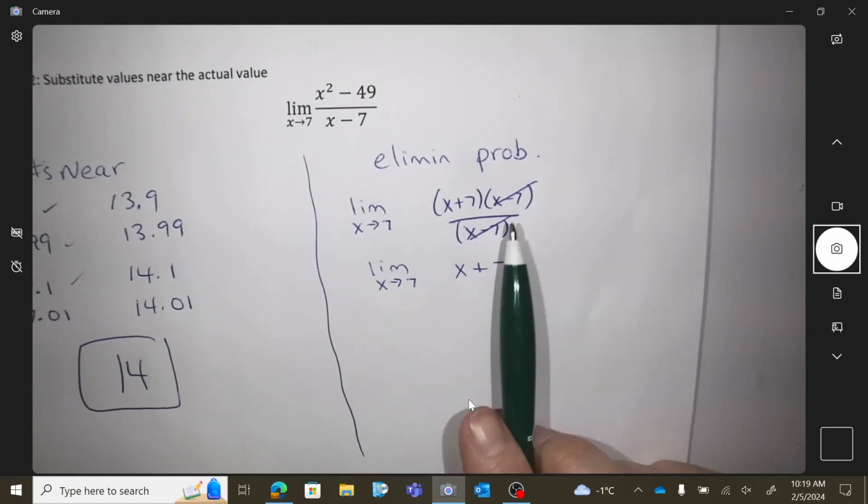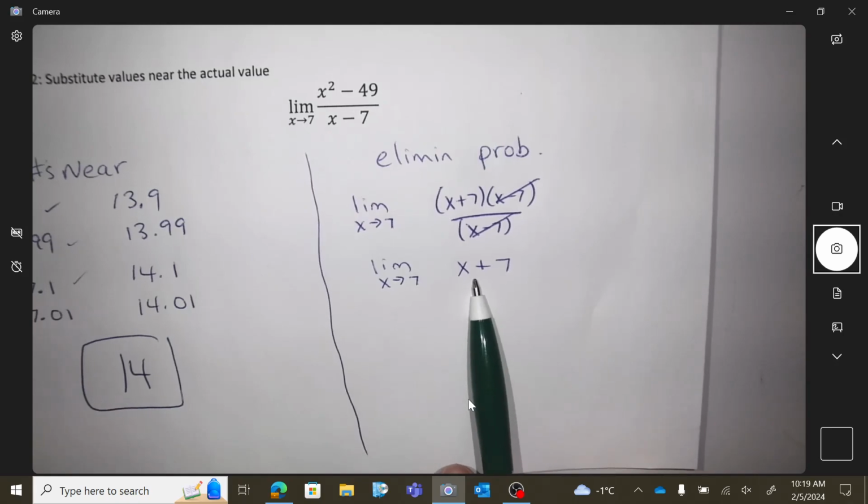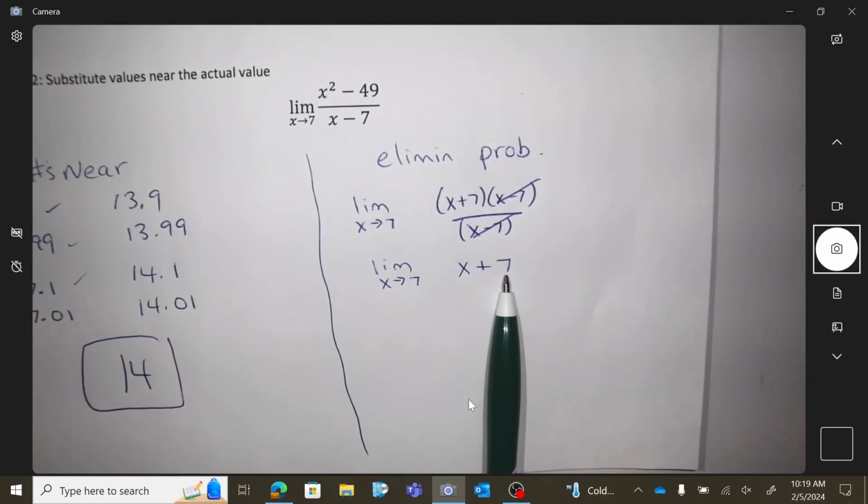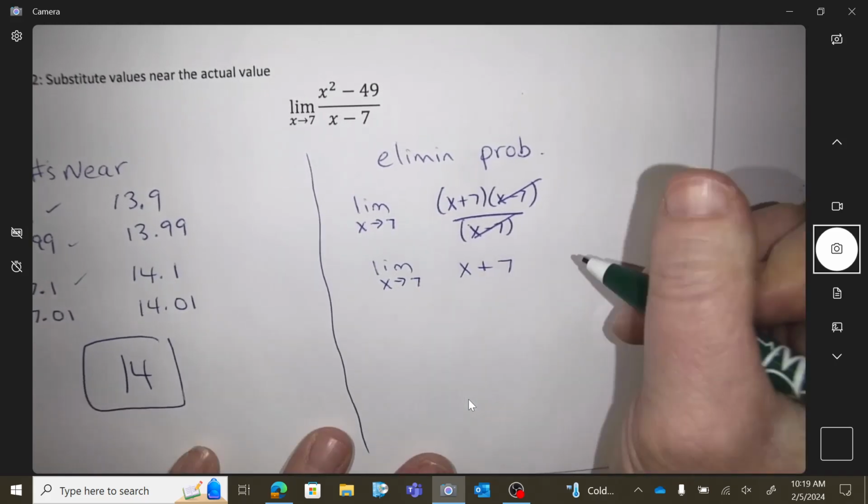So now, if it's gone, I can actually do what? Plug a 7 right into that. So into this equation, if you plug a 7 in, what do you get? 14.